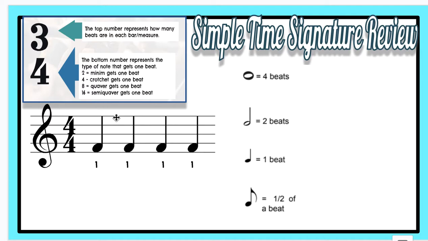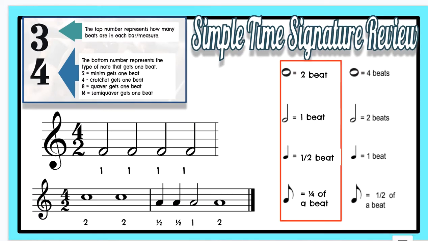So this simple time signature, again, you want to refer to this chart. The top number tells us that each measure should have 4 beats. The bottom number means that a quarter note gets 1 beat. So we're going to use this chart here as a reference. So if a quarter note gets 1 beat, once you put 4 quarter notes in there, that's a complete measure. You draw your bar line. Okay?